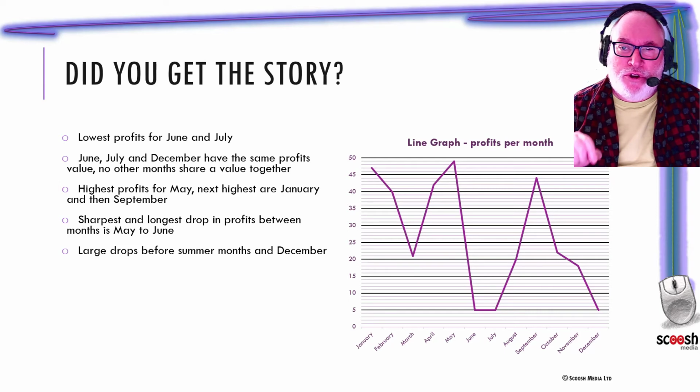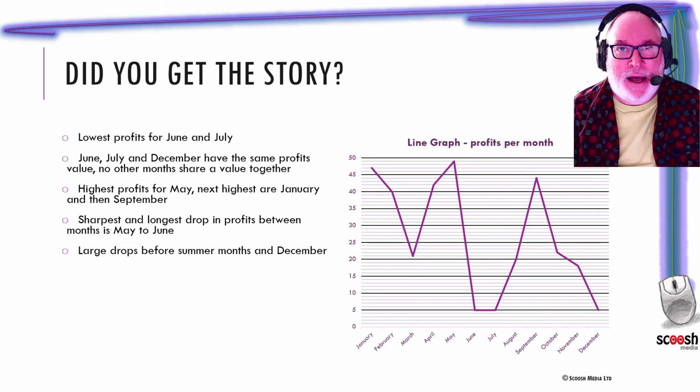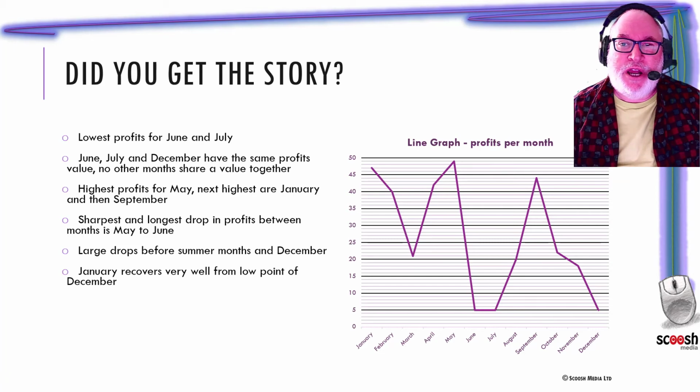Large drops before the summer months and then December, just like I'm saying there. And we could ask questions on that as well. But it's important that we identify that from the chart. So it's looking to see what's happening and reading it out and making a note of it like I'm doing. January recovers very well from the low point of December. December 5,000, January 47, if it's thousands.